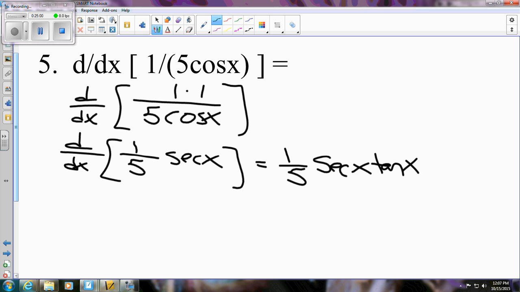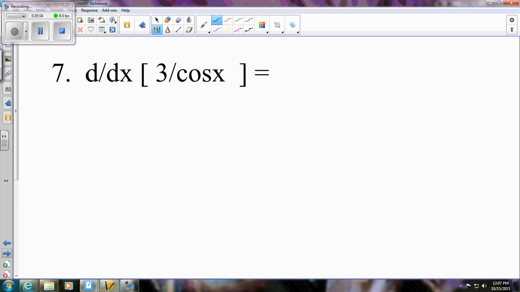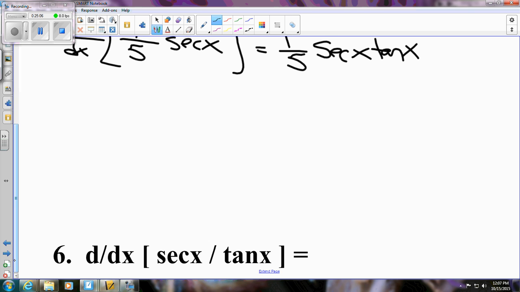Let's find one that we can't simplify. Look for something hideous. What's 6? Oh, I skipped that. This one you can simplify too, though. Does anyone know what secant over tan would be?